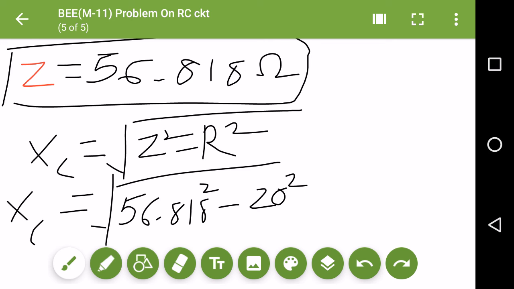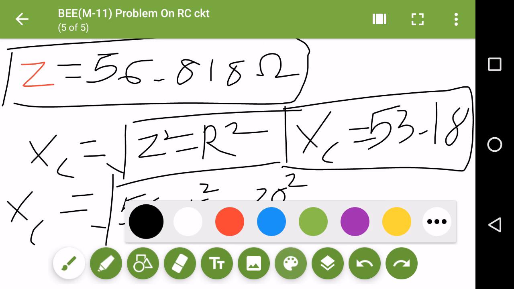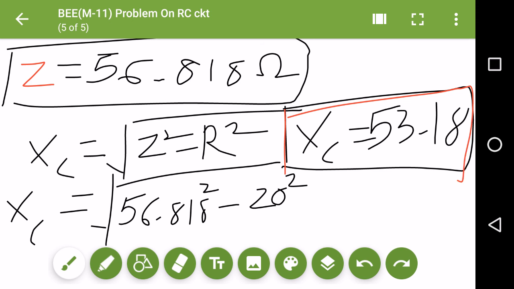By solving this I get Xc equals 53.18. This is the value of Xc.